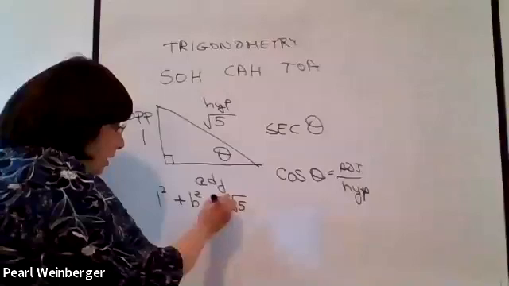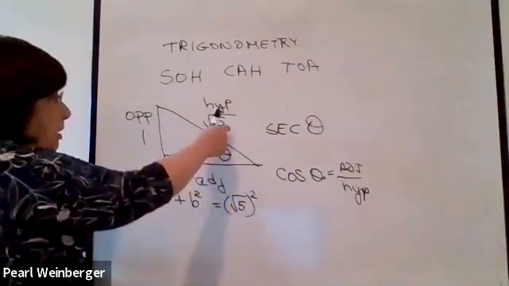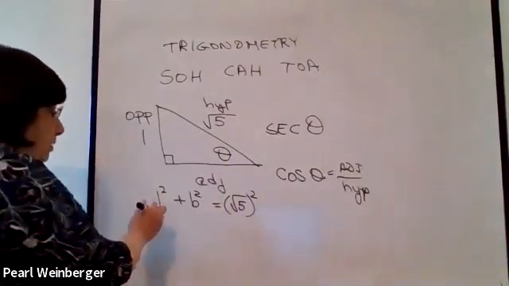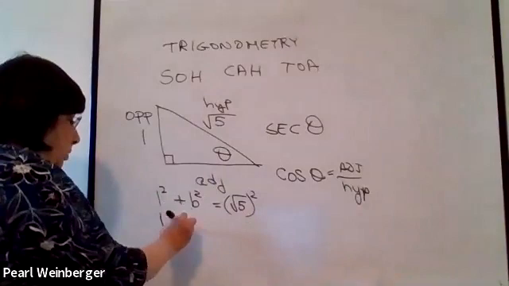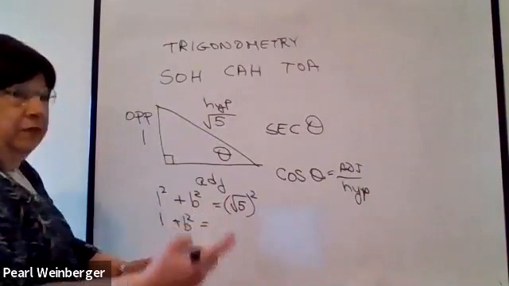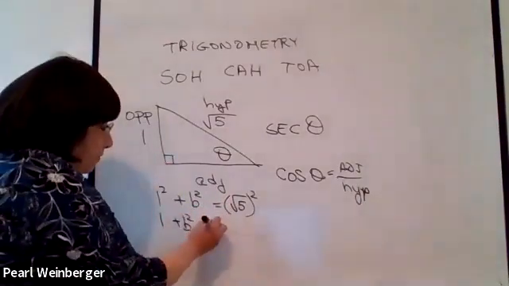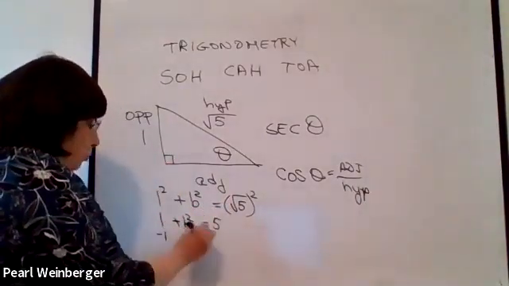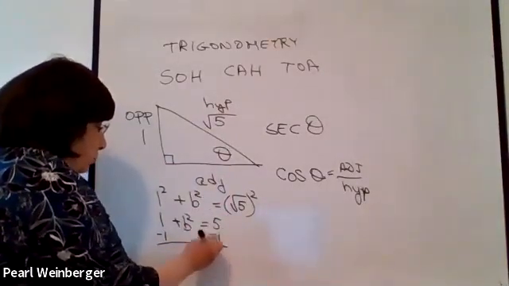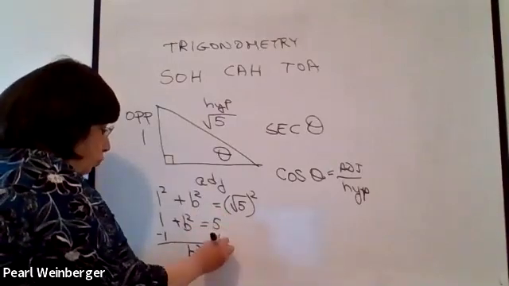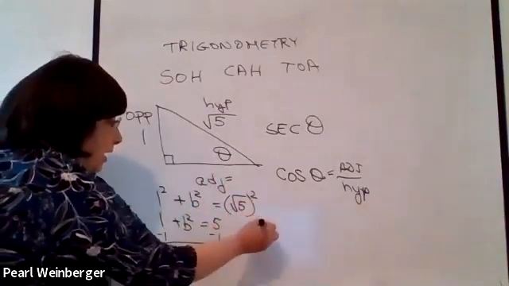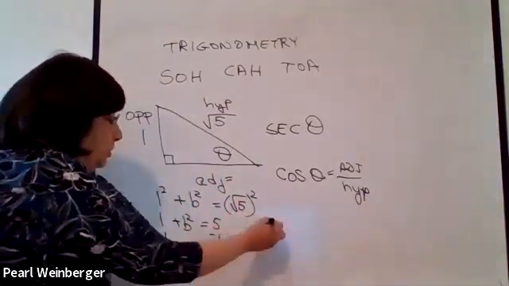It's the square root of 5 squared because the hypotenuse is always the c. So 1 squared is 1, b squared is b squared. The square root of 5 squared is the square root of 5 times the square root of 5, which is simply 5. So I bring this 1 to the other side. That gives me b squared equals 5 minus 1, which is 4, which means that the b, the adjacent side, has to be equal to the square root of 4, which is 2.